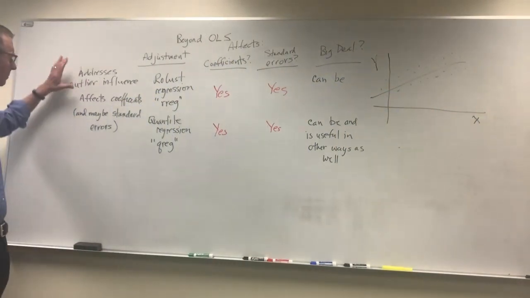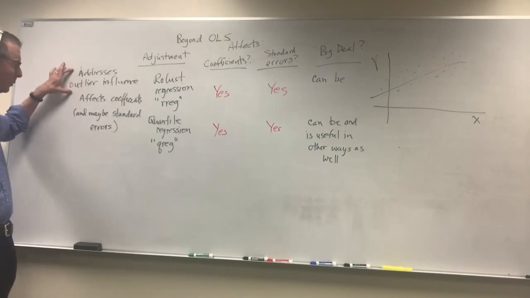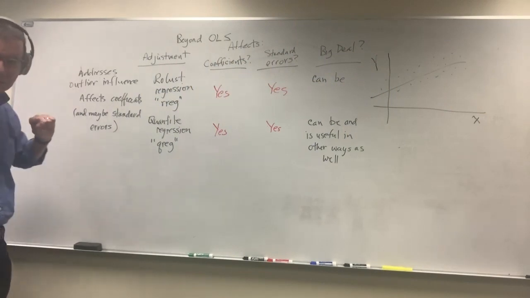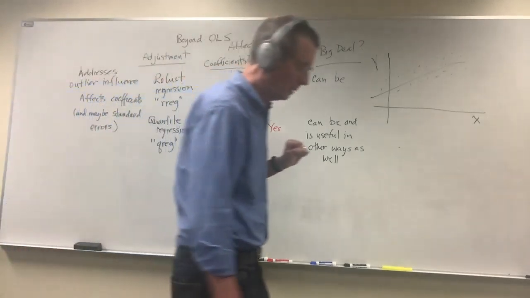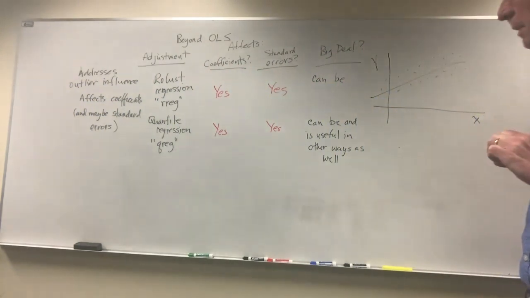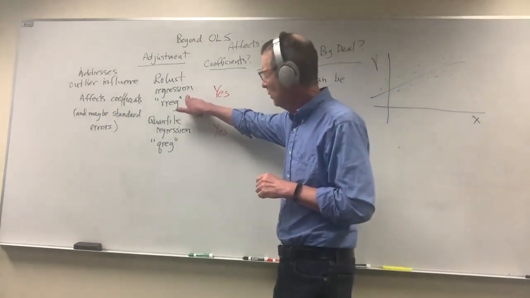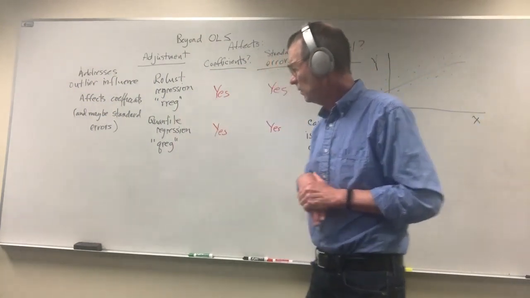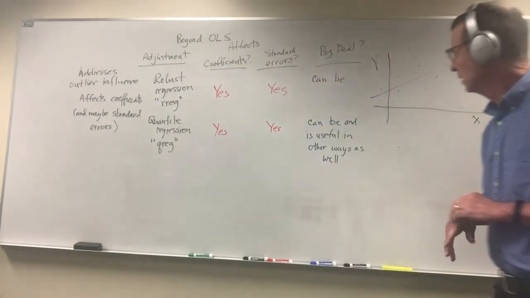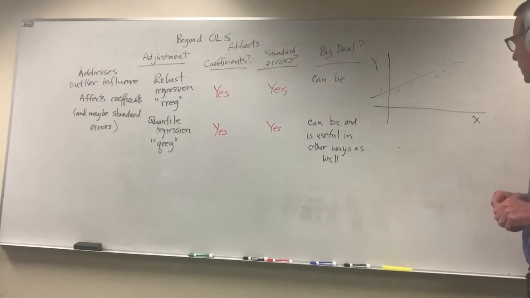So I say here, all of these both address outlier influence and they affect coefficients and maybe standard errors, but the fact that they affect the coefficients themselves is more important than their effect on standard errors. Two techniques here. One is robust regression, and the other is quantile regression, which ends up having other uses as well. So what's the problem with outliers?